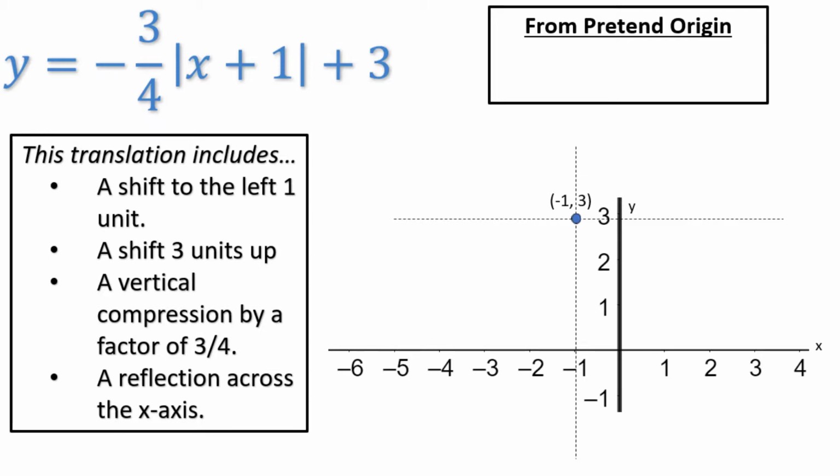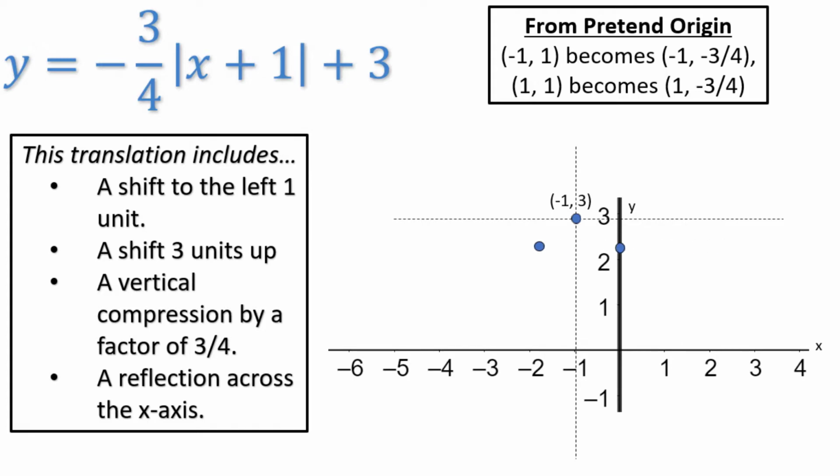That leaves us with the points -1, -3/4 and +1, -3/4. But again, draw these points with respect to our new pretend origin. So we can plot these 2 points with respect to our origin. Finally, we can connect the dots in the pattern of the absolute value function to finish the graph.